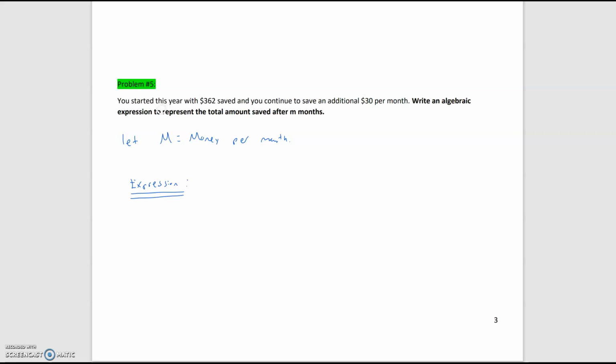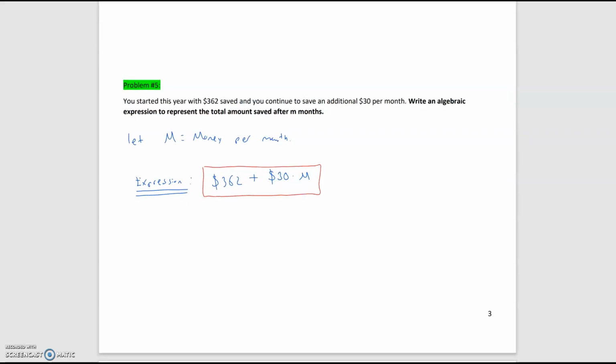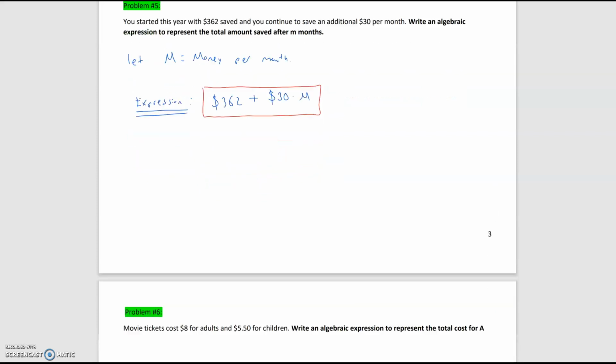It says in the sentence that we started saving 362. So we're going to have the 362, and then we continue to save an additional 30 per month. So it'll be plus 30 times M. And this is going to give us the actual total for any future month. And this is after M months.